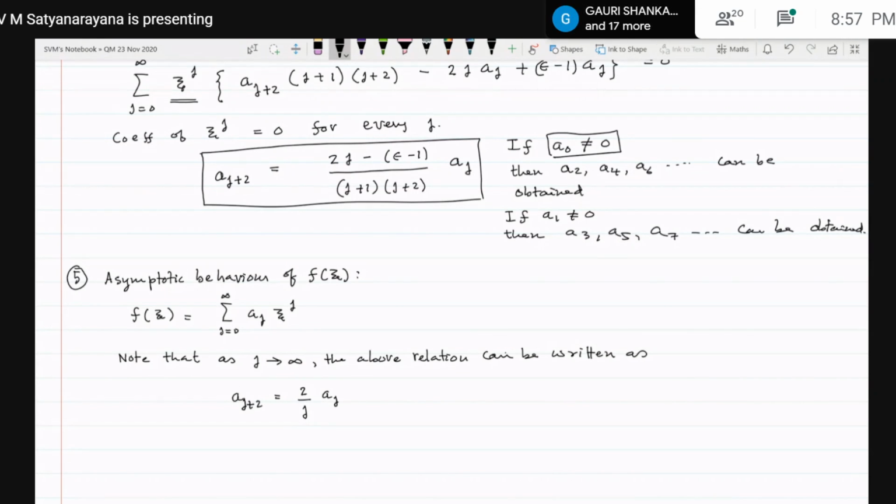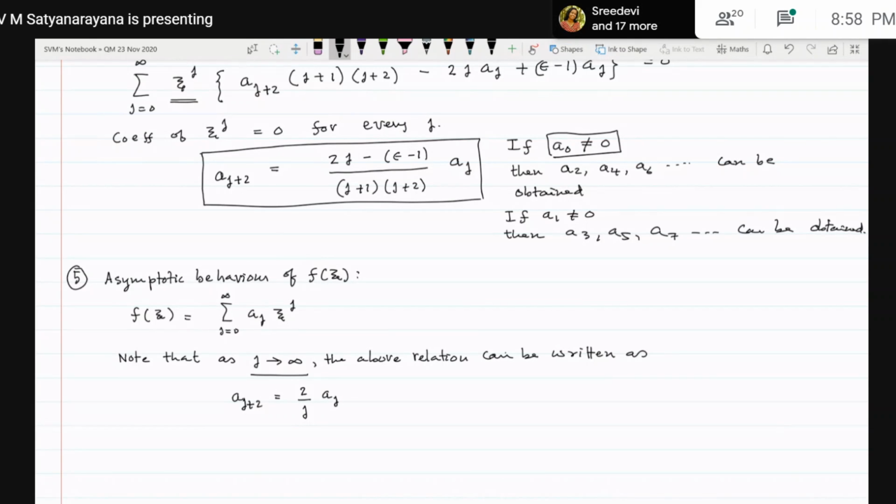Okay, aj plus 2 can be written as 2 by j into aj. Now this is true, of course, only if j is very large. Now what happens if this kind of a recursion relation is there?